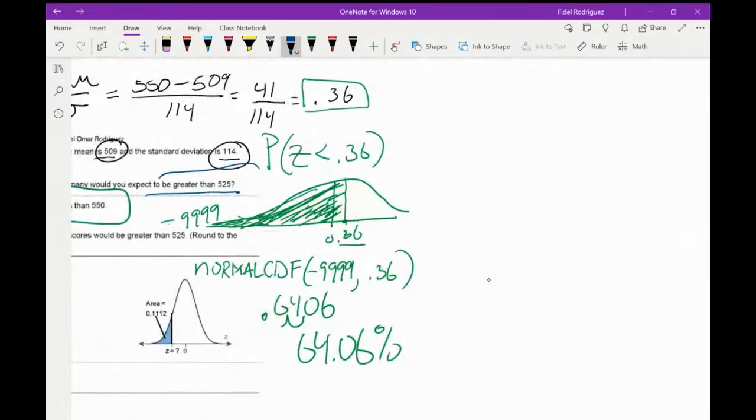So if you notice right here, it says greater than 525. So we're looking for the probability that X is greater than 525. Okay, so we're going to convert this to a z-score. So here's my formula again.